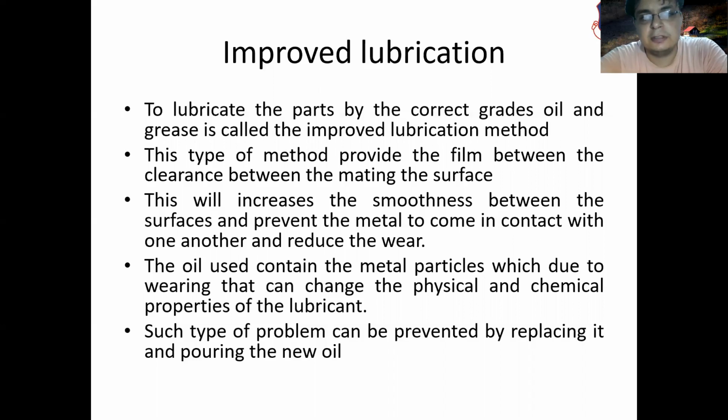This type of method provides a film between the clearance and the mating surface. Means between two mating surfaces, a gap will be there, and in that we will be pouring the oil.